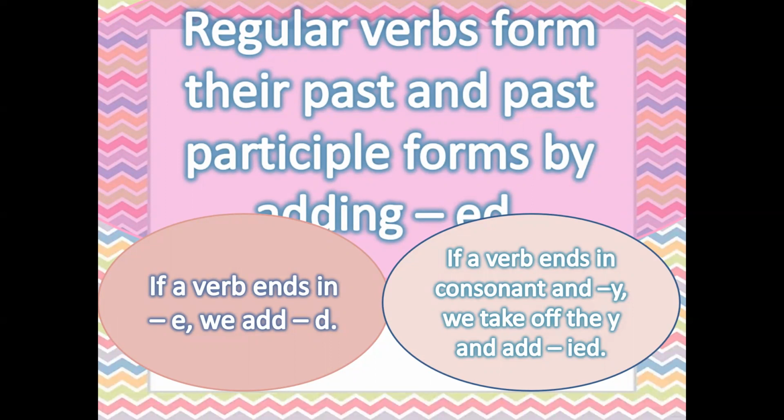To form the past and past participle forms. Then the third is that if a verb ends in a consonant and the letter y, we take off the y and add I-E-D. I hope, students, you will remember these rules.